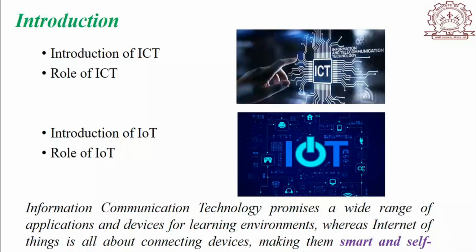In ICT, some information will be communicated. There are three words in ICT: information, communication, technology. Some information we are communicating through technology. One example: right now I am talking about this subject, so I am giving some information, and that information is received by the participants of this course.